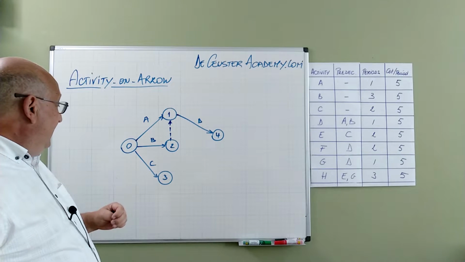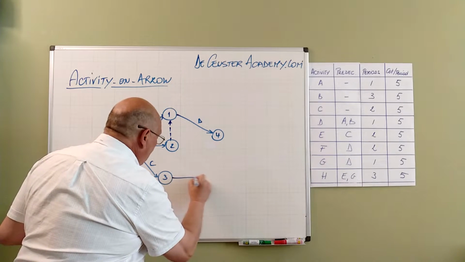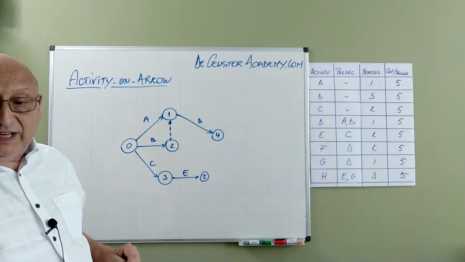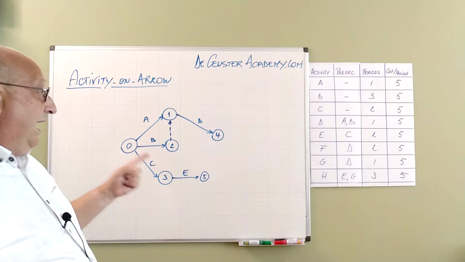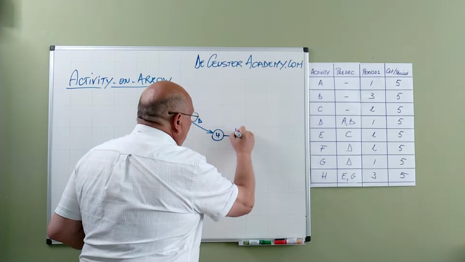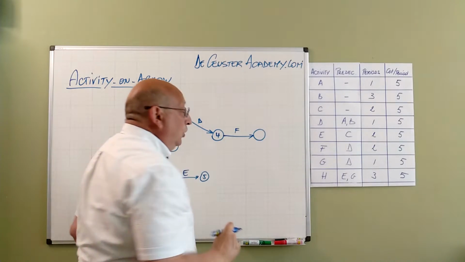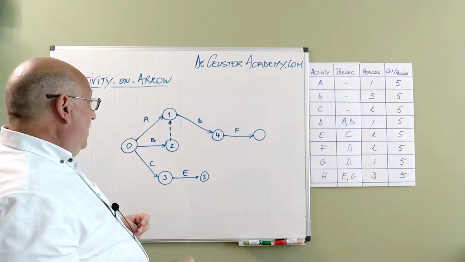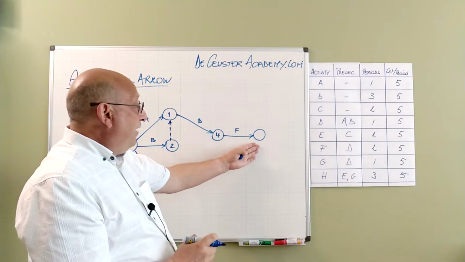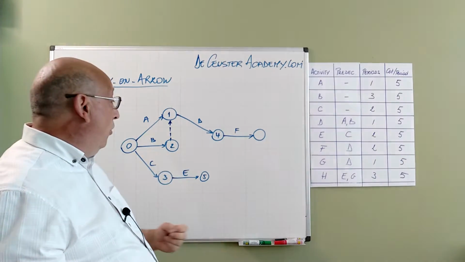The next step is E. E is after C, so we have here event 5. Then we have, in fact, activity F, which goes here to the node. I will not call it yet because this is an end node. F has no successors anymore.